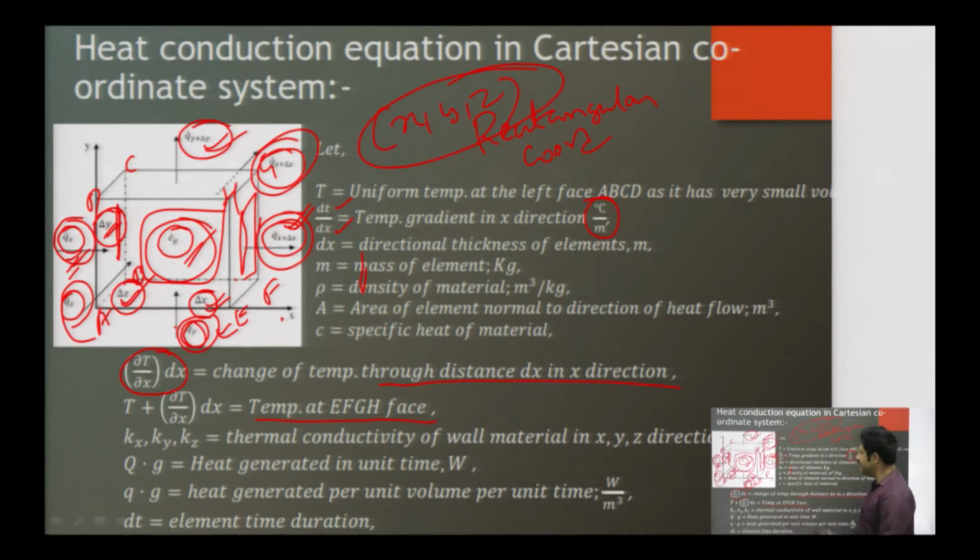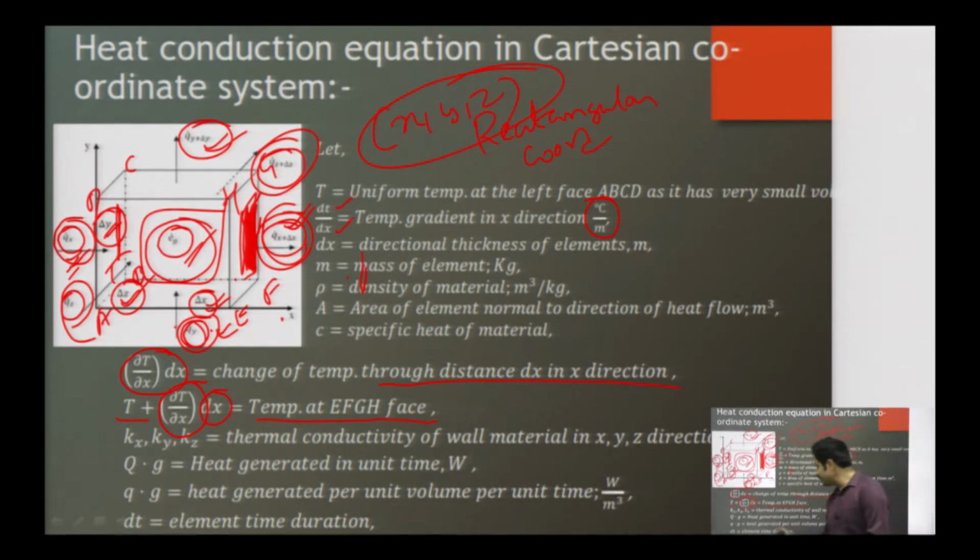A, B, C, D has T as the temperature, but when it comes out from the EFGH face, since it has come across the thickness, the temperature has changed. T was here, and it becomes T plus del T by del x into dx.